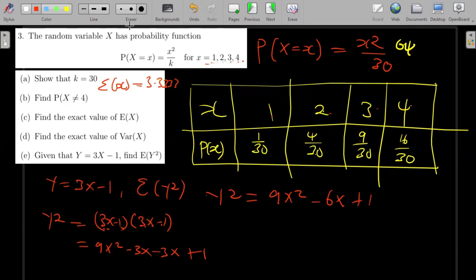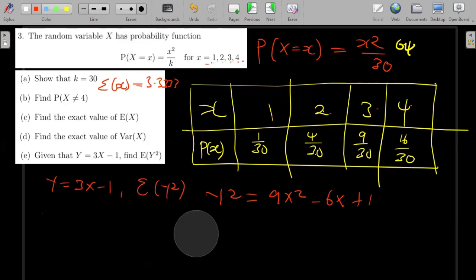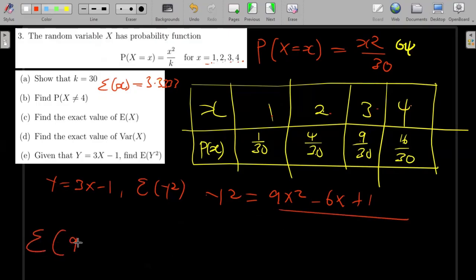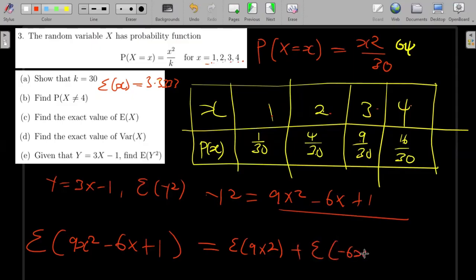So I'm just finding the expected value of this whole thing here: the expected value of 9x squared minus 6x plus 1. We can expand this to the expected value of 9x squared, plus the expected value of minus 6x, plus the expected value of 1.